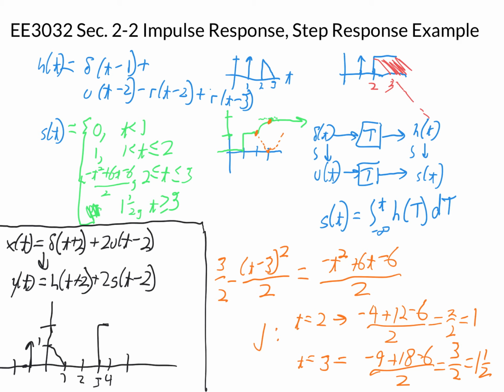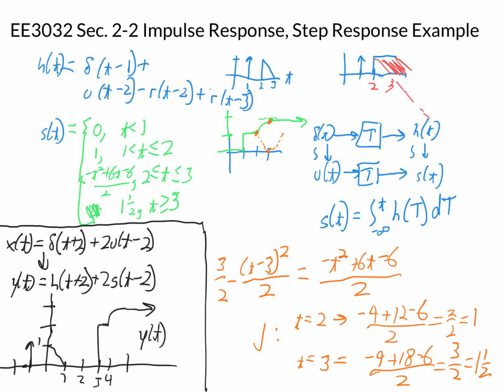Then we'll have a parabolic section that increases by another 1 volt, and then it will stay there forever. So that would be our y of t for that particular given input, which is a sum of an impulse and a step.